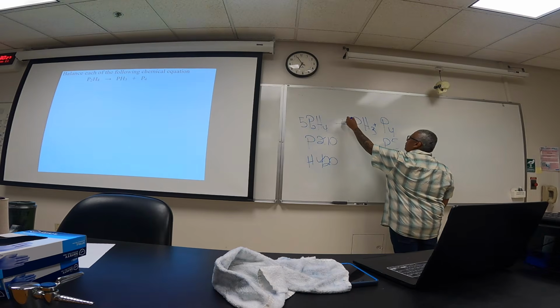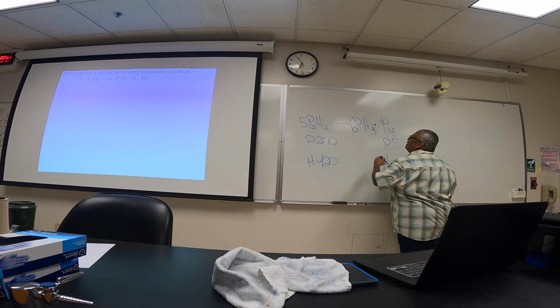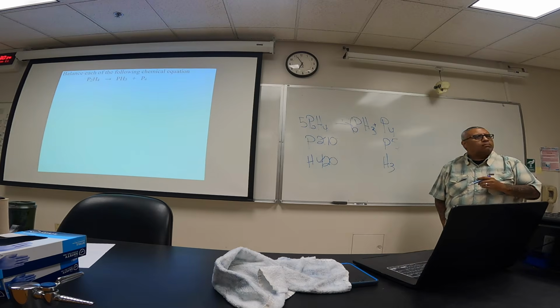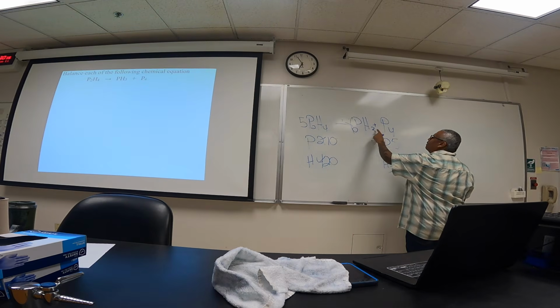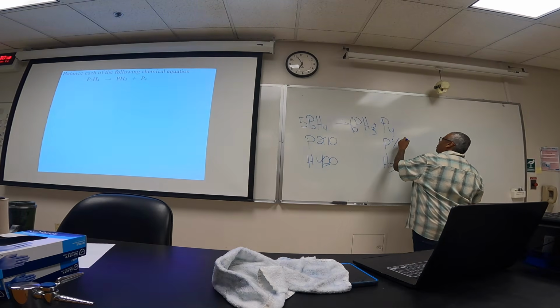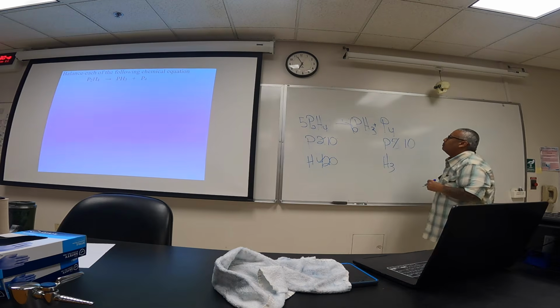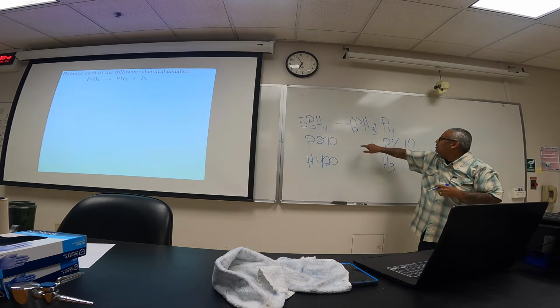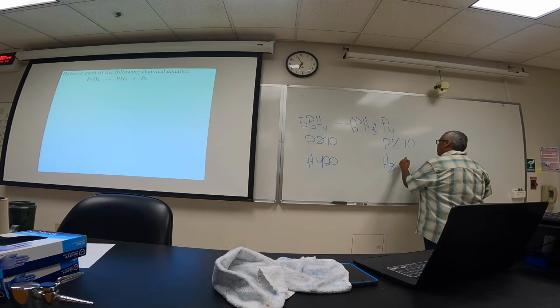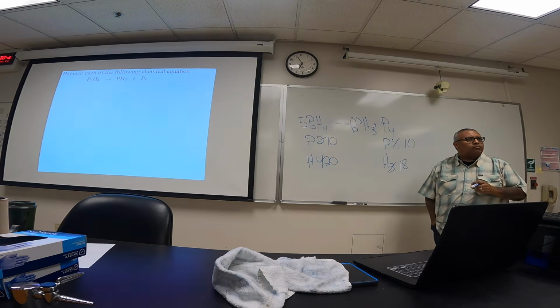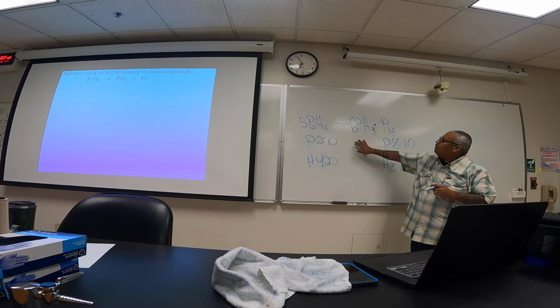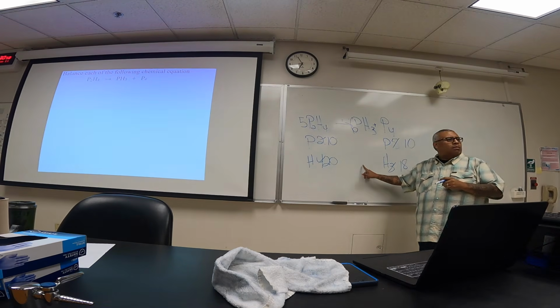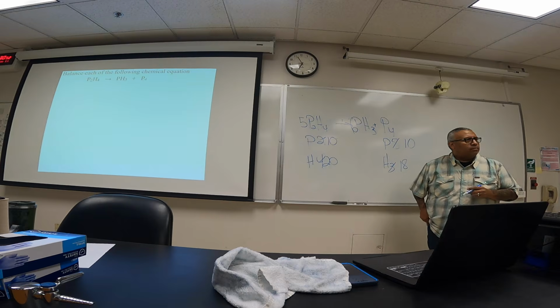So if I put a 6 here, I got these 6 plus these 4, and that's going to give me 10. And hydrogen, that gives me 18. Well, phosphorus looks good, but unfortunately hydrogen doesn't.